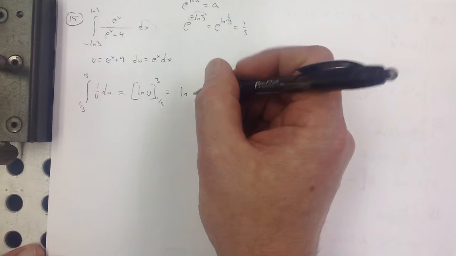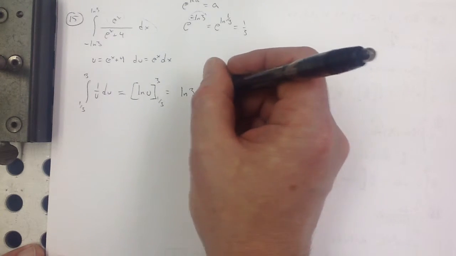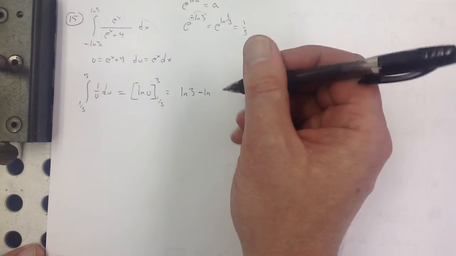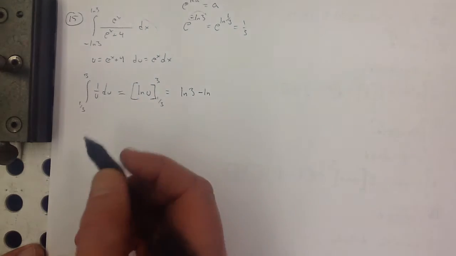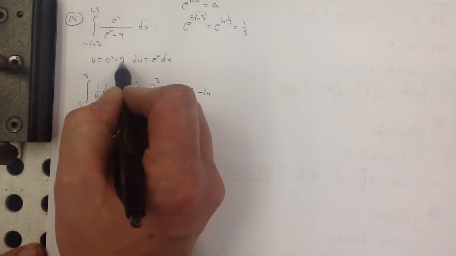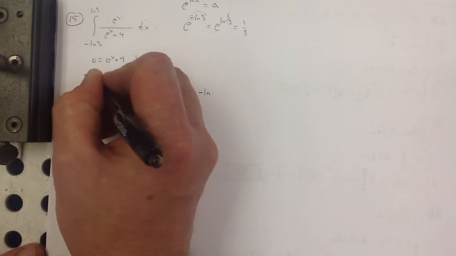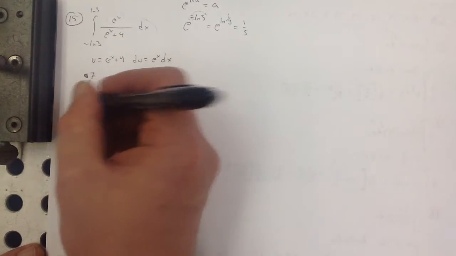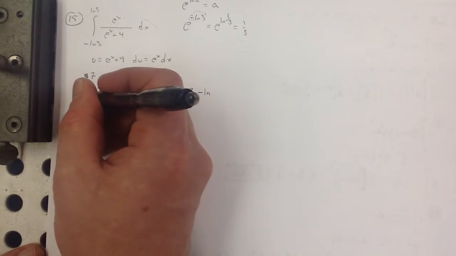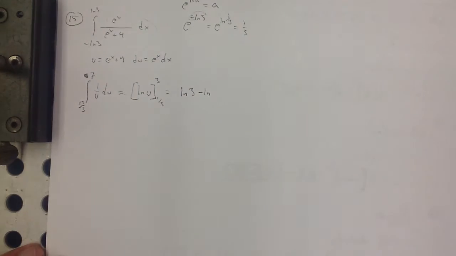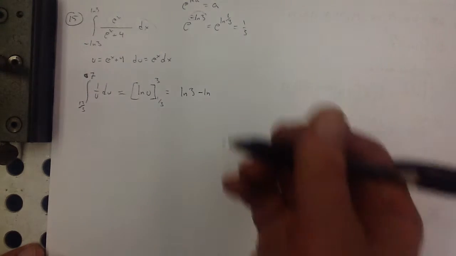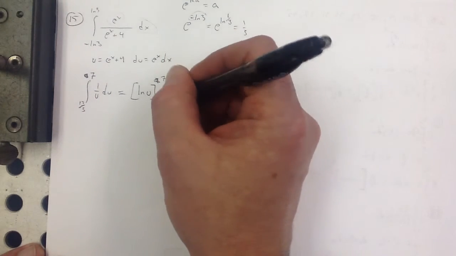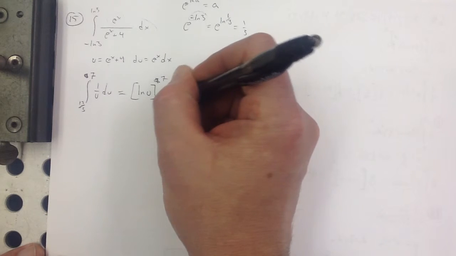That's natural log 3 minus natural log, oh wait a minute, sorry, I forgot to add my 4 here, didn't I? So that's 7, and this is, let's see, 1/3 plus 4, it's 4 1/3, or 13/3. Sorry about that. So that's going to change things in a not so nice way.